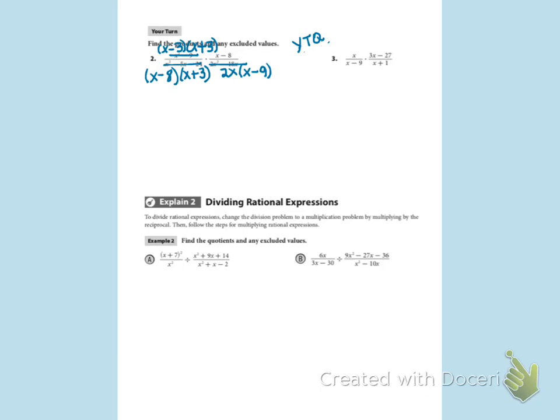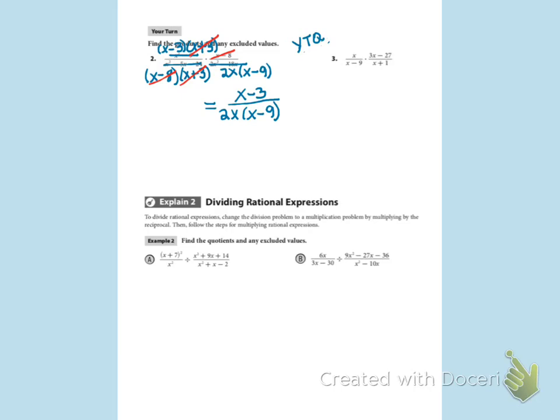So I see there's an x plus 3 in the numerator here and an x plus 3 in the denominator here. I see that there is an x minus 8 in the numerator here and an x minus 8 in the denominator here. And so all that's remaining now on the top, after I cancel all those things out, is an x minus 3 on the numerator. And on the denominator, I have a 2x and an x minus 9.